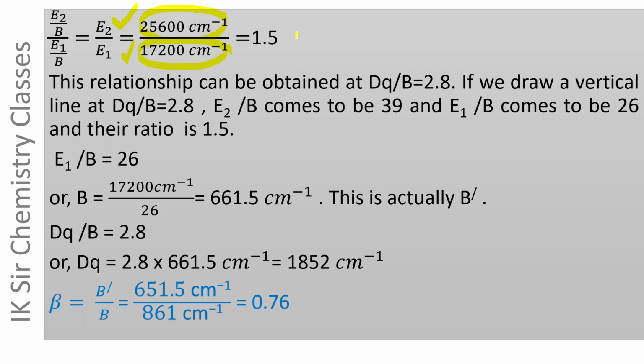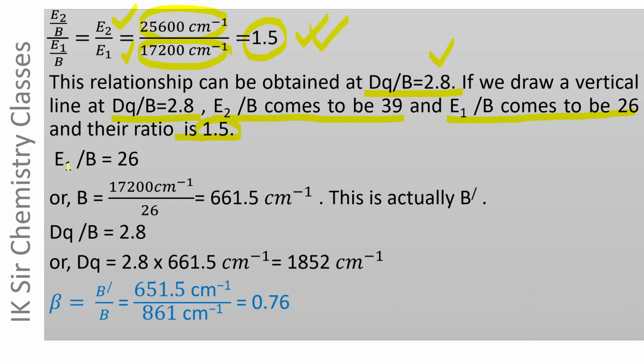Their ratio comes to be 1.5 as we have discussed earlier. This relationship can be obtained at Dq by B equals 2.8. If we draw a vertical line there, E2 by B comes to be 39 and E1 by B comes to be 26, and their ratio is 1.5 as obtained in this case.